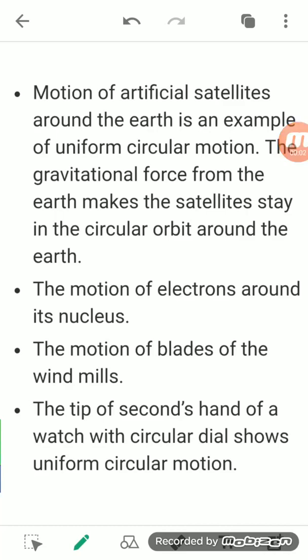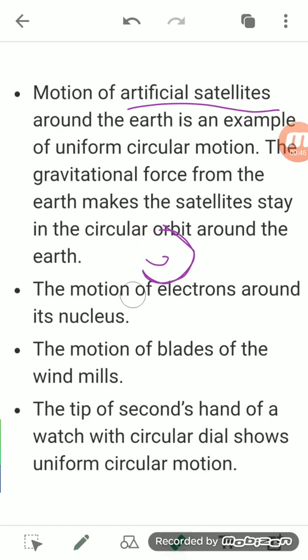Now we will see some examples of uniform circular motion. The first example is the artificial satellite. The man-made satellite moves in a uniform circular motion around the earth, in a circular orbit with constant speed.